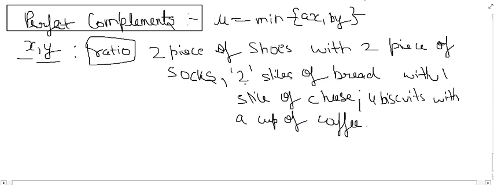So one thing is common in all these cases, that is a specific ratio. You need two pieces of shoes with two pieces of socks, two slices of bread with one slice of cheese, four biscuits with one cup of coffee. So the word ratio should be very clear in your head.